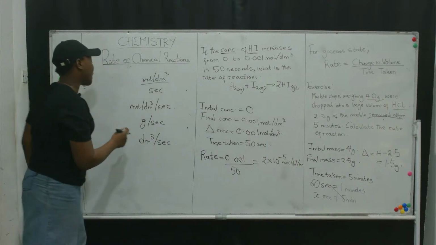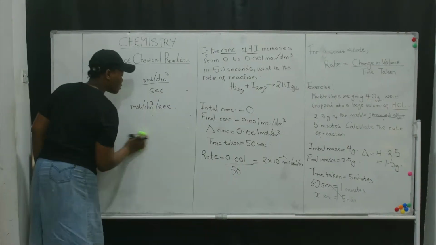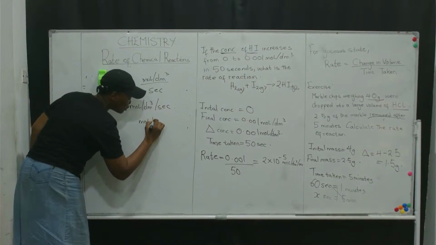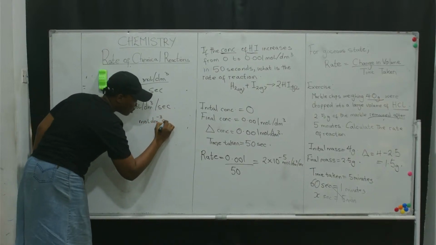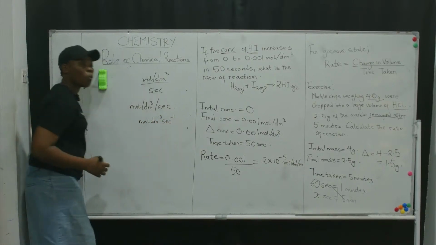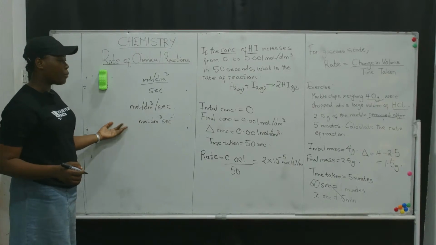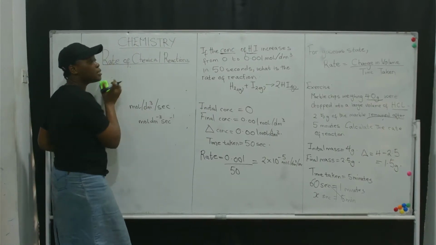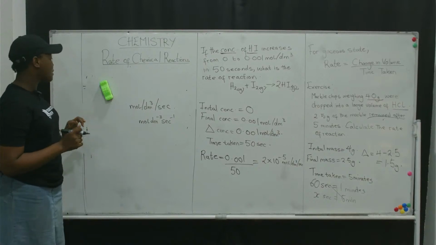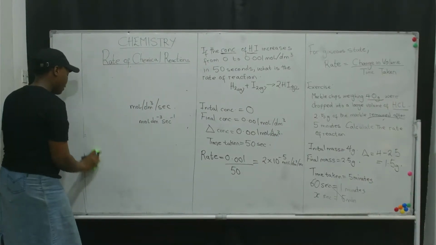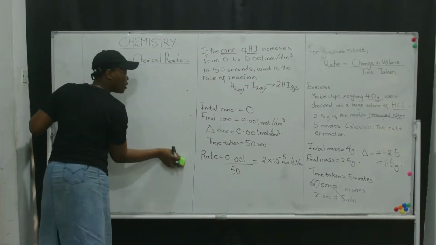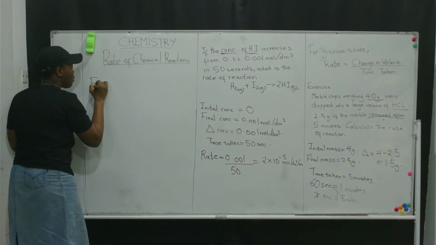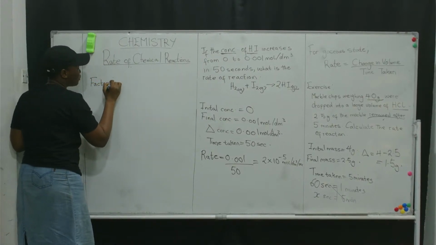Or you can also write this as mol dm minus 3 s minus 1. They mean the same thing, either of the two is fine. And so let's move on to another aspect, and that will be factors that affect rate of reaction.